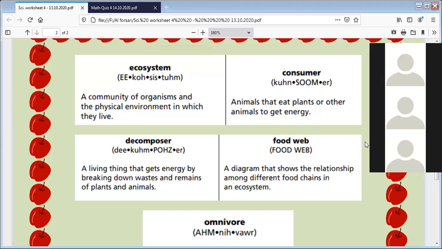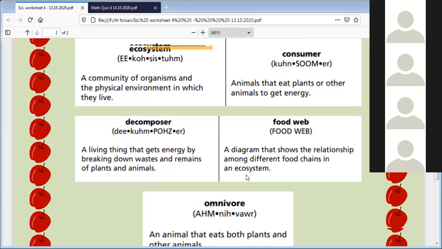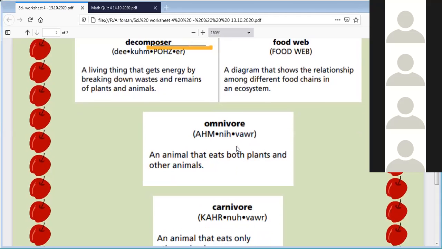Muhammad Sultan. Food web. Read that. A diagram that shows the relationship among different food chains in an ecosystem.